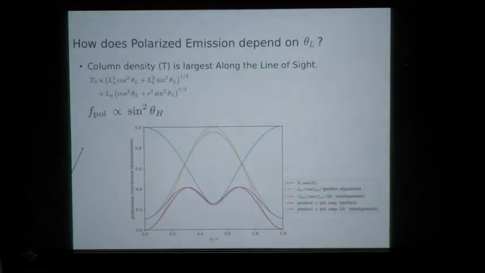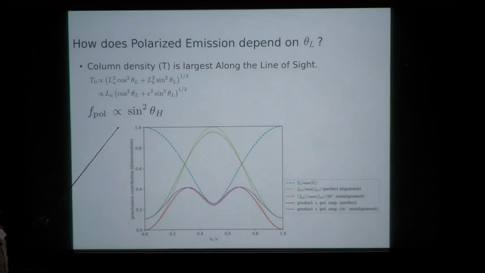This is the same thing that Brandon was talking about before. If we look at what the polarization looks like as you orient a filament towards you, the emission will be strongest as it's aligned towards you because you see the most column density that way, but you won't see much polarization.